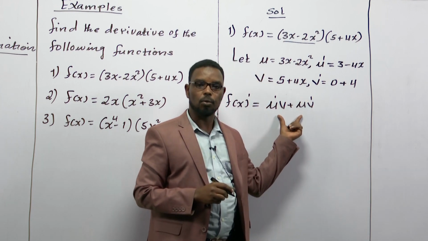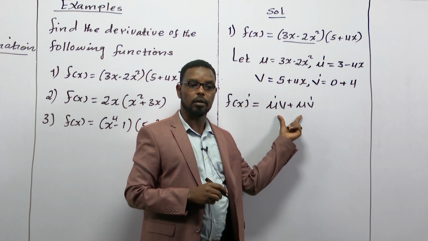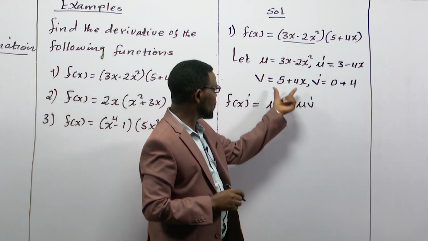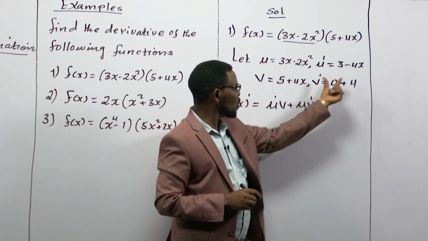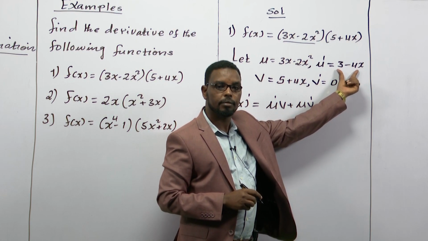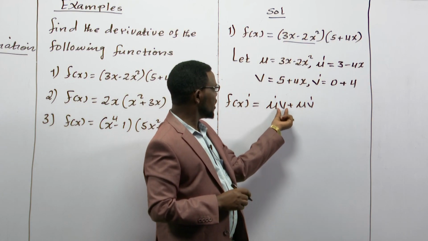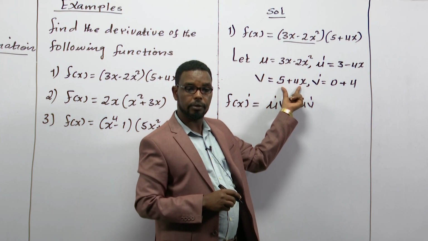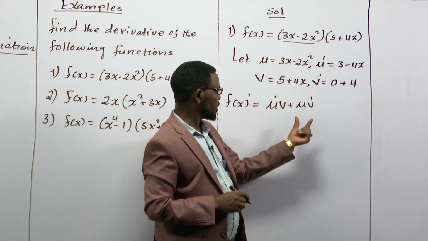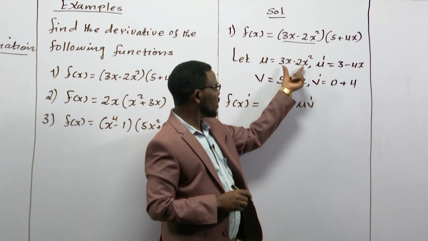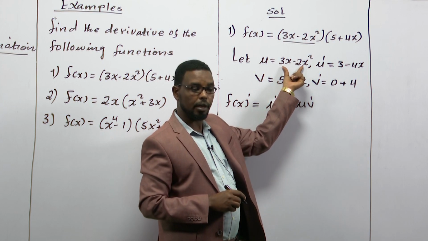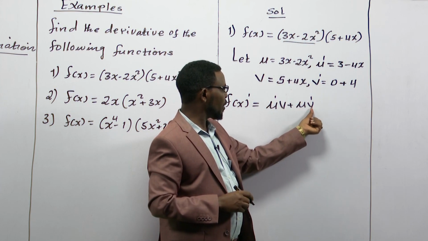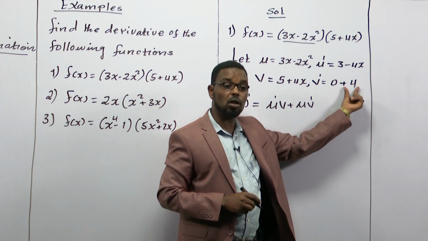This is our formula. Then substitute. u prime is equal to 3 minus 4x, phi is equal to 5 plus 4x, u is equal to 3x minus 2x squared, and phi prime is equal to only 4.